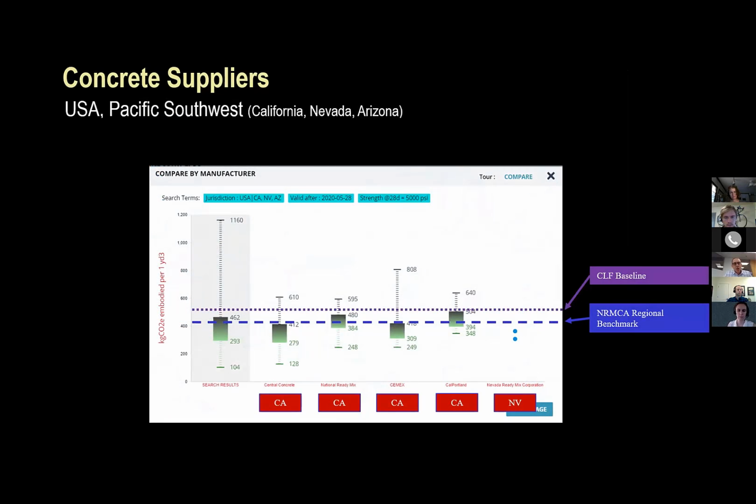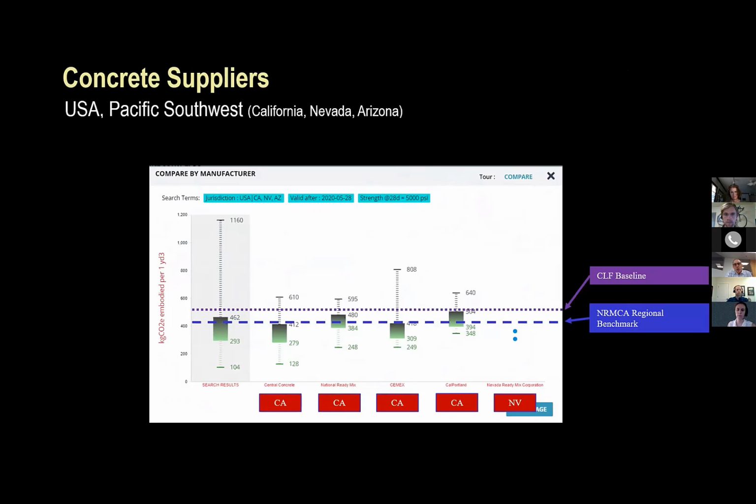Some of the things you can start doing inside of EC3, a little bit of that comparative data that Dirk was looking at. Here's a look at just the sorting of all the EPDs inside of EC3 for 5,000 PSI concrete in the Pacific Southwest, so basically California, Nevada, and New Mexico.